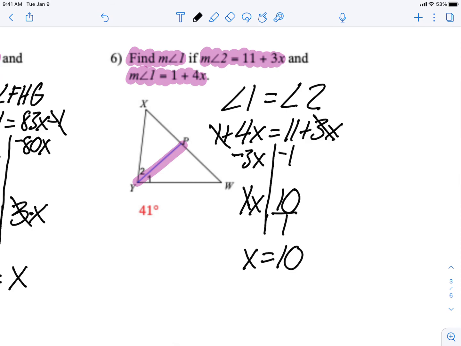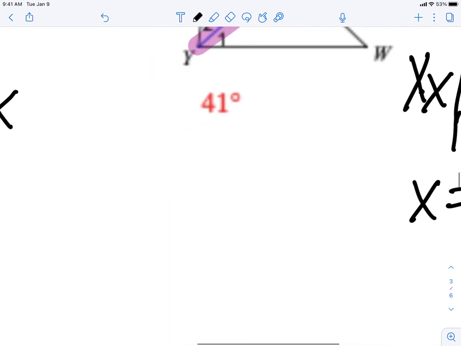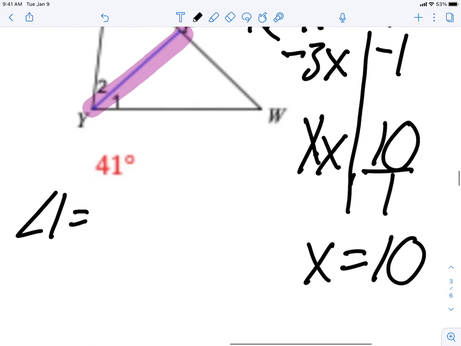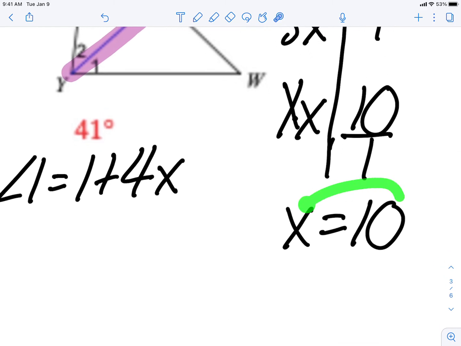But kiddos, is that my final answer? I don't think so, right? This says find angle 1. And angle 1 is equal to 1 plus 4x. So x equals 10 is going to go right there.